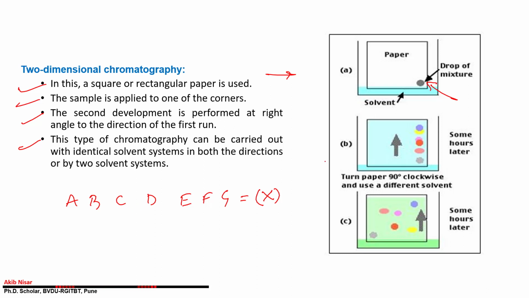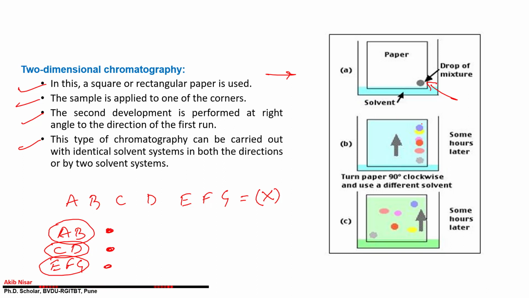What will happen when you spot this paper? Maybe A, B will be separated from C, D, and from E, F, G. Right now you can see A, B, C, D and E, F, G separated, but in three different spots.